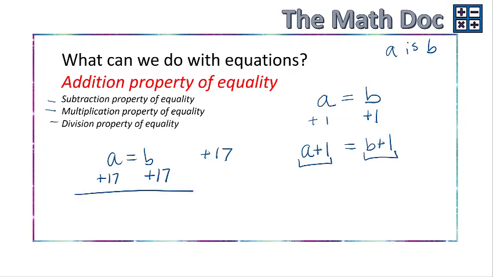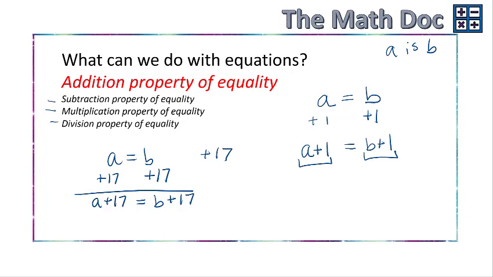And as a result, I get A plus 17 equals B plus 17, right? Again, if it was, say, candles, I've added 17 candles on the left and 17 candles on the right. So what used to be equal is still equal because it was increased by the same amount.